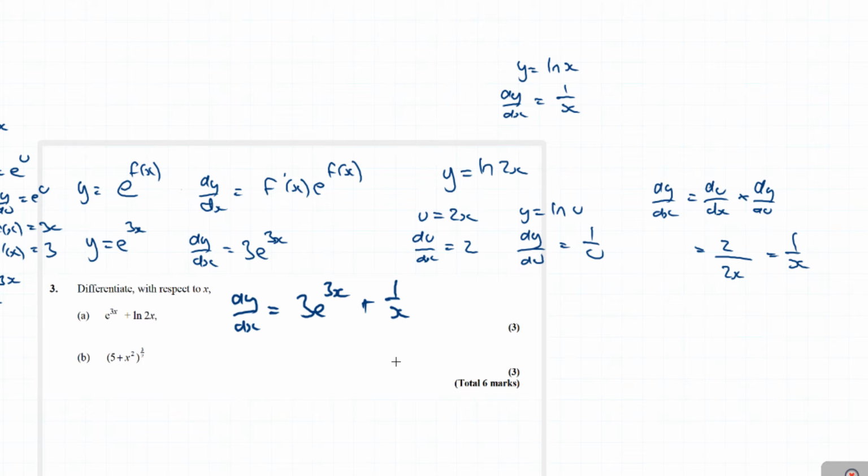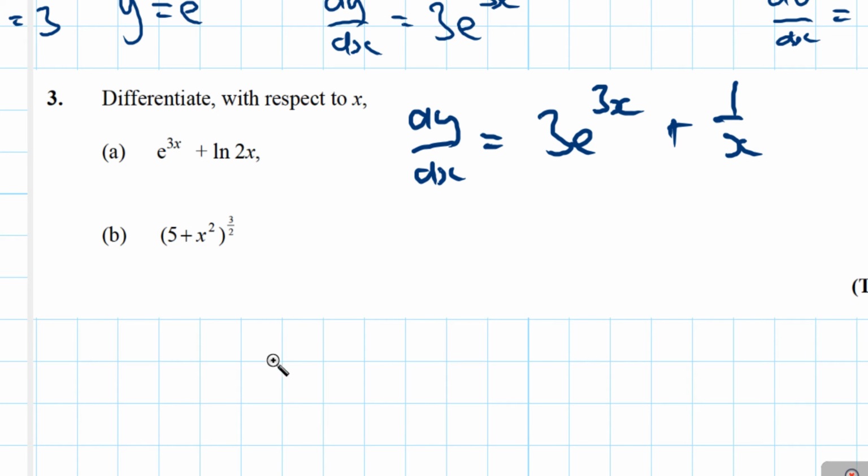The next one we've got, part B, is 5 plus x squared to the power of 3 over 2. This one is a straight chain rule. So we're going to rewrite this one, and say y is equal to 5 plus x squared, to the power 3 over 2.